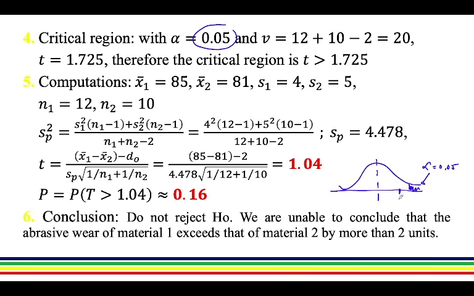And with that, we can accept the H0 that we are unable to conclude that abrasive wear of material 1 exceeds that of material 2 by more than 2 units.